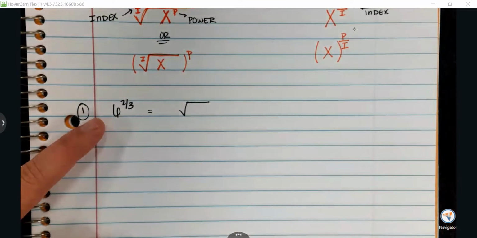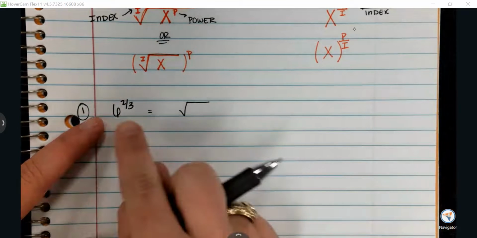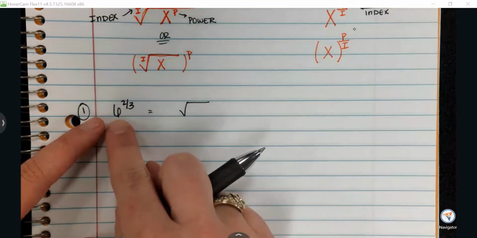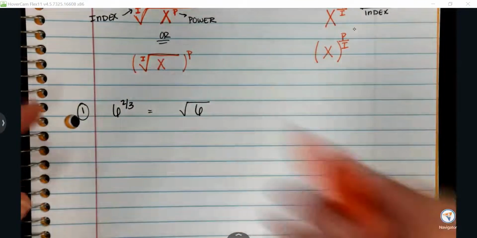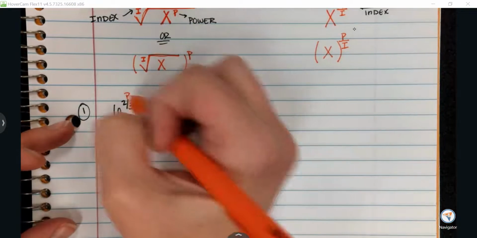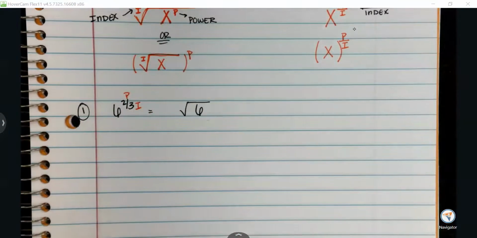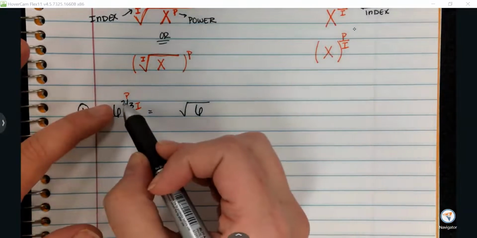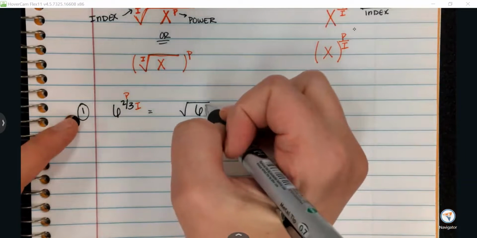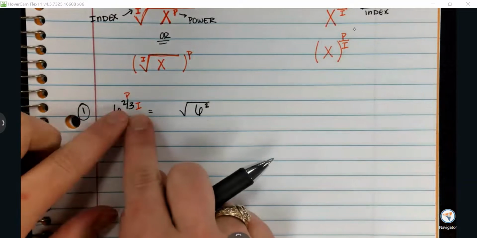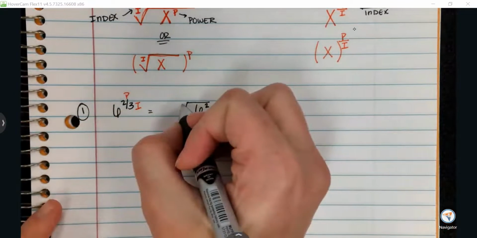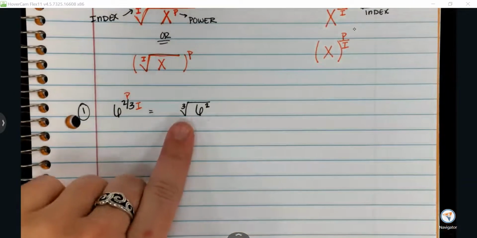No matter what, it's got to have a radical. That big 6 is going to stay big, but it's going to be inside. Now, it's power over index. So my 2 is a squared. That goes inside, a little power. And then my index is a 3, and it goes right inside that check mark.